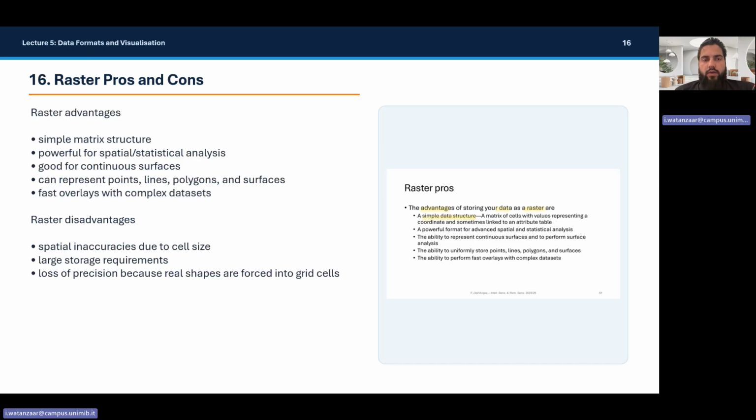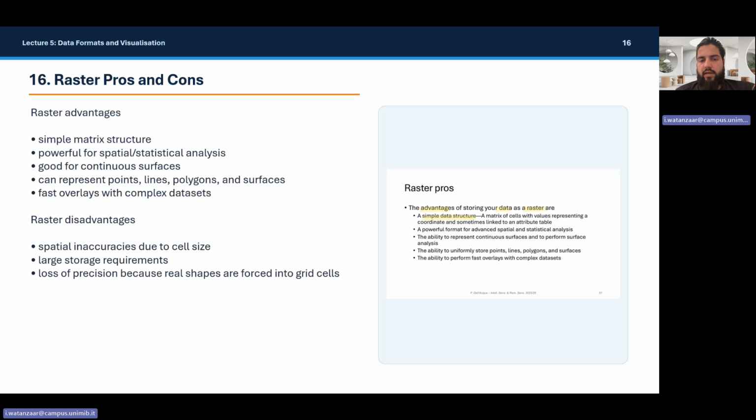Now we are looking at the raster data pros and cons. They have some benefits, but also some cons. As we discussed, it has a simple matrix structure, in the form of pixels or cells. It is powerful for spatial statistical analysis, which is really important when we are mapping spatial information.